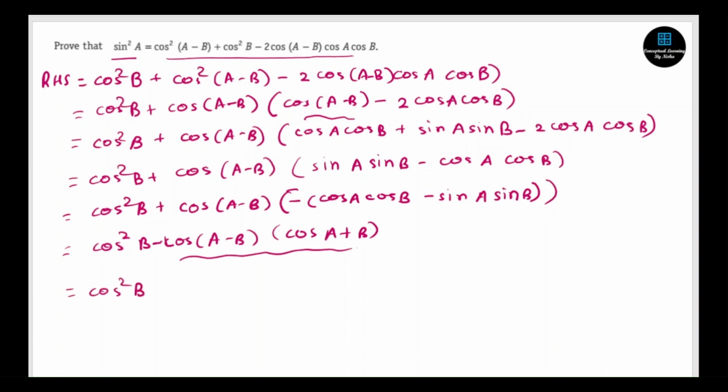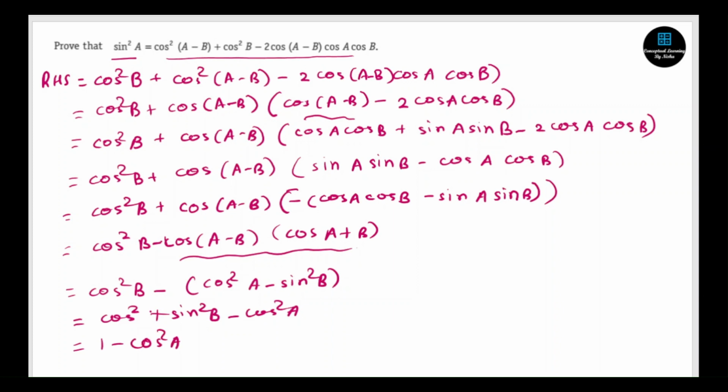Cos square B, and then minus, I can write this as cos square A minus sin square B. And then we can simplify this as cos square B plus sin square B minus cos square A. So this is 1 minus cos square A, and this gives me sin square A. So this is LHS. Hence we proved it, right?